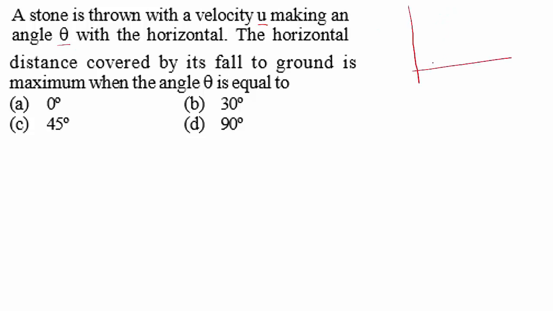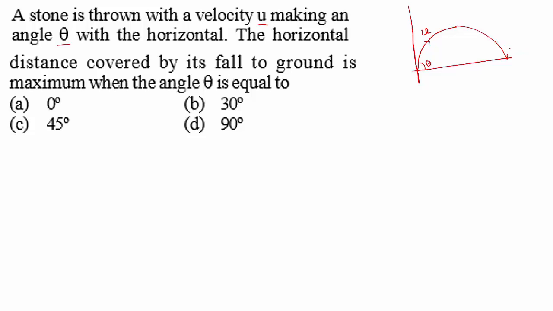You studied it in your class 11. A stone is thrown with a velocity u. It is thrown in this direction and it is making angle theta with the horizontal. This is theta. It is moving with initial velocity u. The horizontal distance covered by its fall to the ground. So finally it will reach the ground here when the angle theta is equal to?